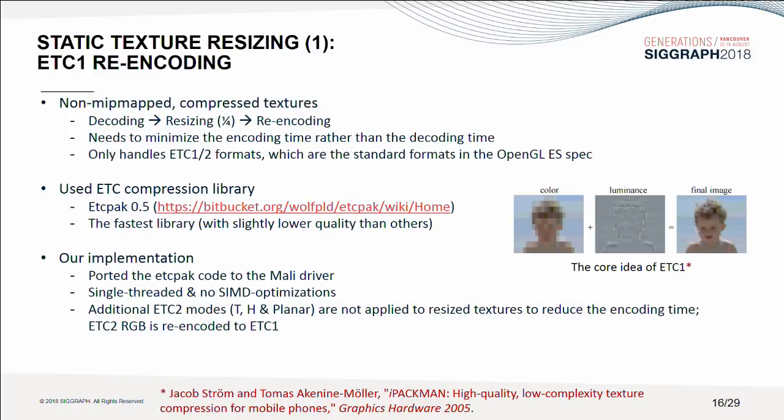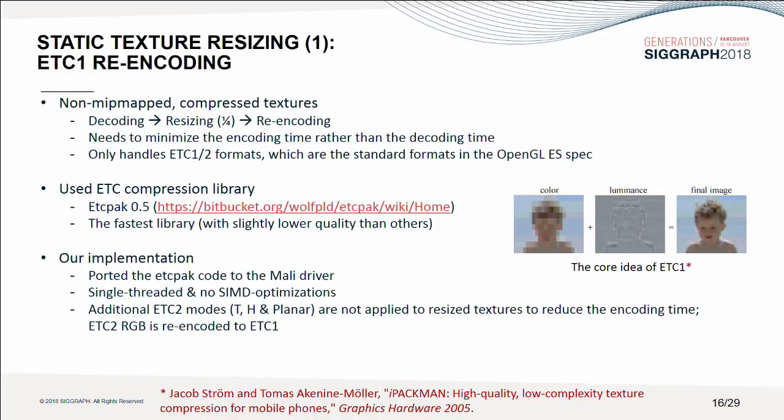We only handle ETC1 and 2 formats because they are the standard formats in the OpenGL ES spec. For implementation, we use the ETCPack 0.5 library because this is the fastest ETC compression library, with slightly lower quality than other encoders.